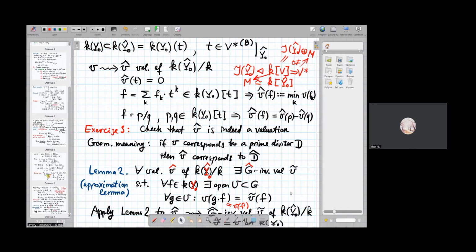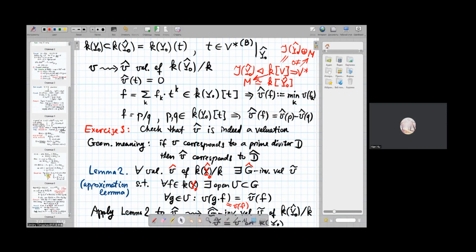Okay. So more questions, comments? Well, and the last line, how do the two valuations agree on KY0, if the open set does not contain the identity element?